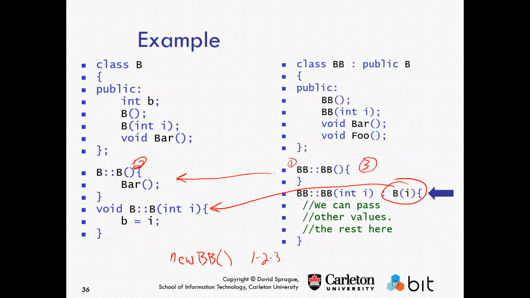This thing here, if I call new BB with value 4, it's going to be A, B, C. It's going to start here, immediately jump over to my constructor, do this, set the value for B, then jump back afterwards.